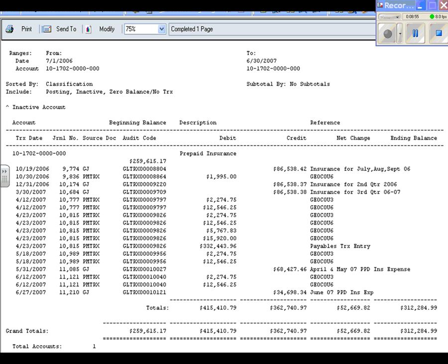I can always pull up that journal entry now. There's the source, GJ, General Journal. And then what we're doing is we're crediting the insurance account. Remember, prepaid means asset. So if I'm crediting it, I'm reducing an asset account. Let's look at another source document.